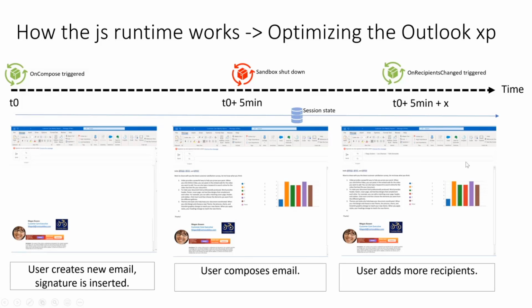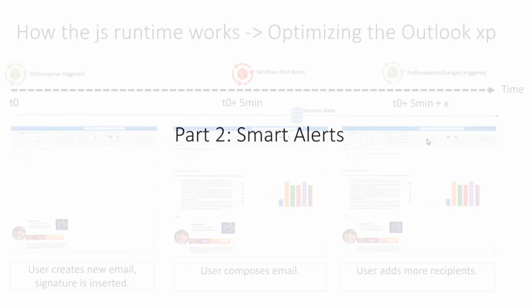This session state is going to be there for the lifetime of the composition, which means that if you close the email on compose, that session state is going to blow away, right? So that is just a brief explanation of what you can do with event-based add-ins.